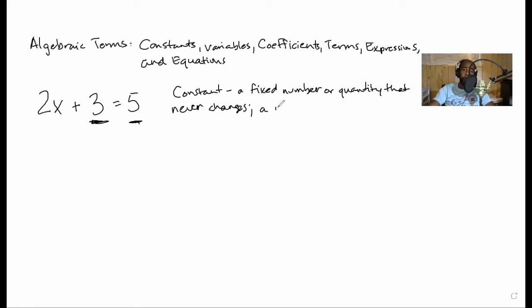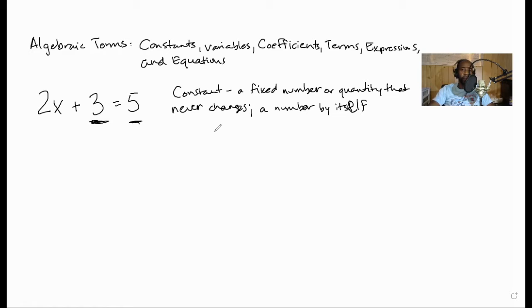I say a number by itself. So 3 and 5 in this expression here are constants. But the reason why we say fixed number or quantity is because it's not just a number by itself.